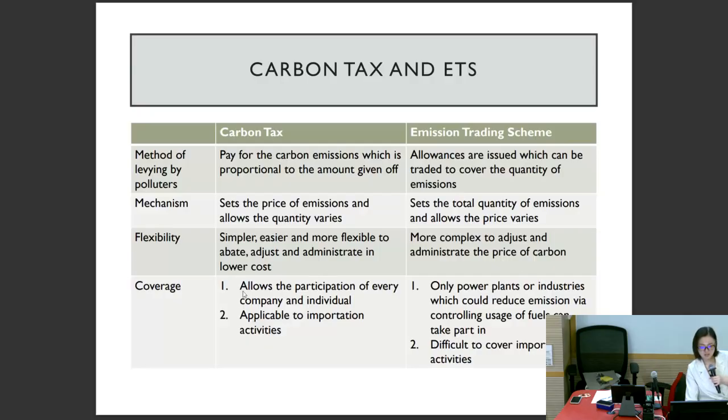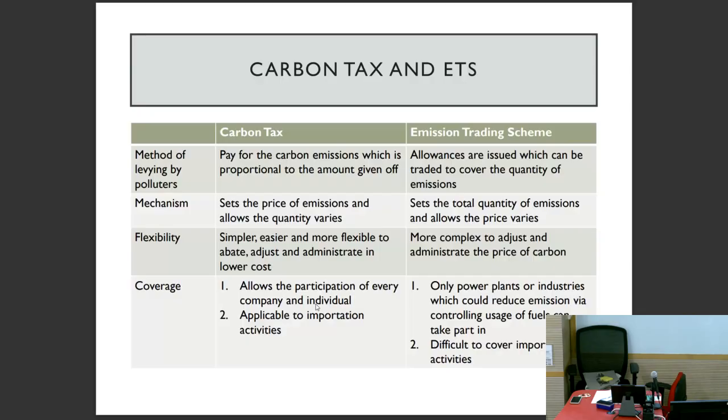Carbon tax can allow the participation of every company and individual. So even for every one of us, when you consume electricity at home, the carbon tax can be charged according to the amount of electricity you consumed.